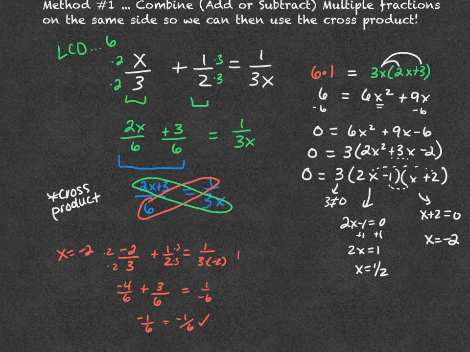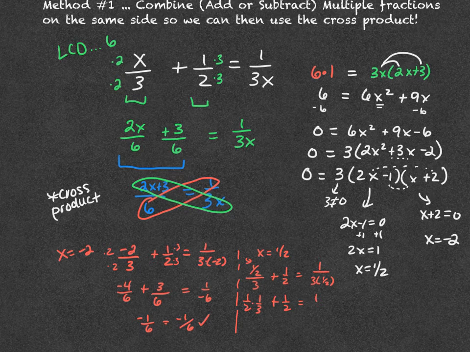We do have to check our other solution of 1/2. So if we check 1/2, we get 1/2 divided by 3 plus 1/2 should equal 1 over 3 times 1/2. So with this fraction here, instead of dividing by 3, I'm going to multiply by the reciprocal. And then same thing over here. This is going to be 1 divided by 3/2.